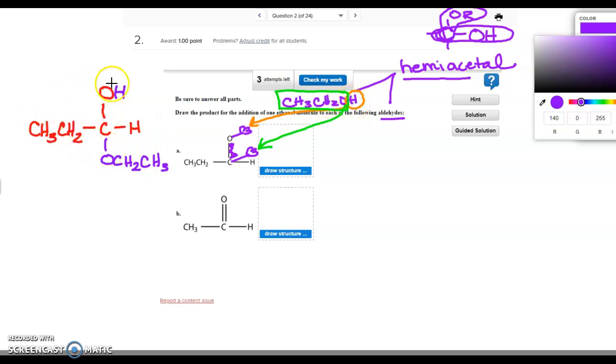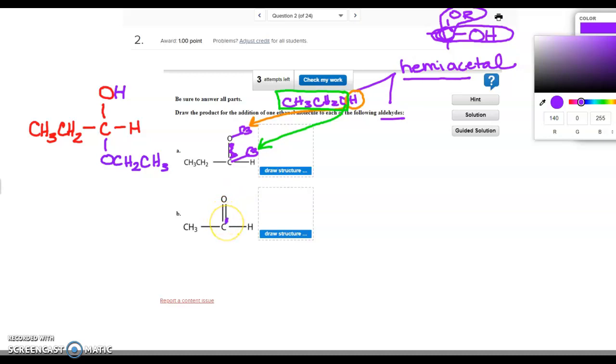And then if you look here, I have a hemiacetal structure, or a hemiacetal. I have a carbon that is directly bonded to a hydroxyl group and an alkoxy group. And that is the product of a reaction between an aldehyde and an alcohol. And if we reacted this molecule there, we're going to do the same thing.